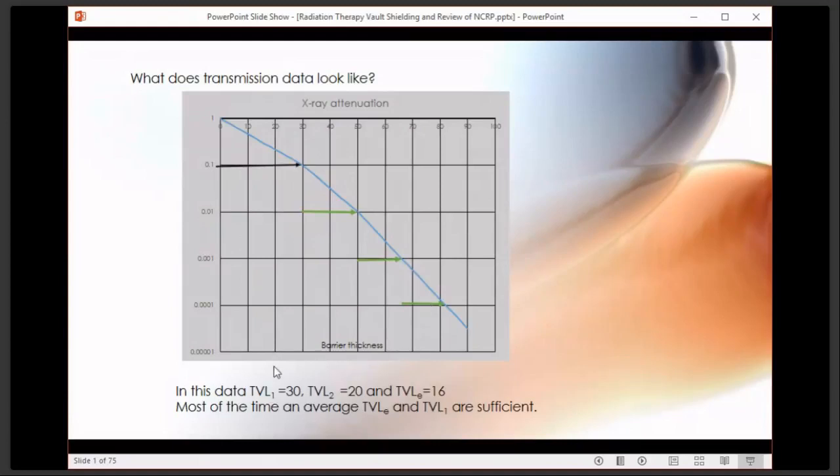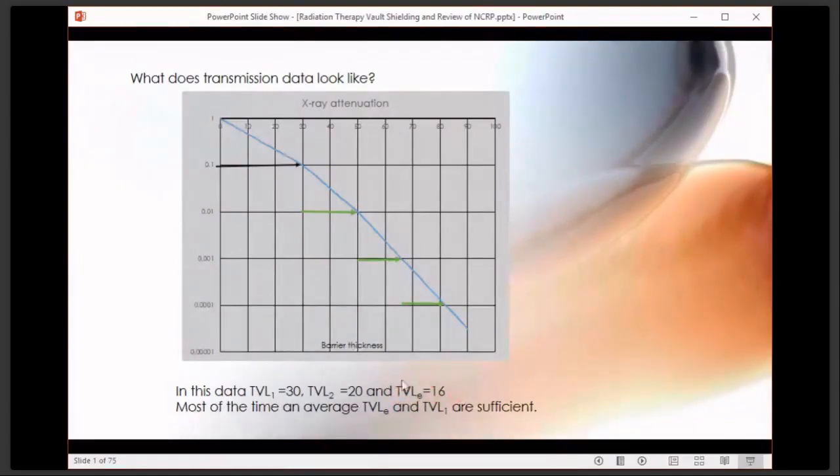So we often break a barrier transmission curve like this down into 2 components, sometimes 3, where we use a first TVL and then an equilibrium TVL. In this example, that would be 16.